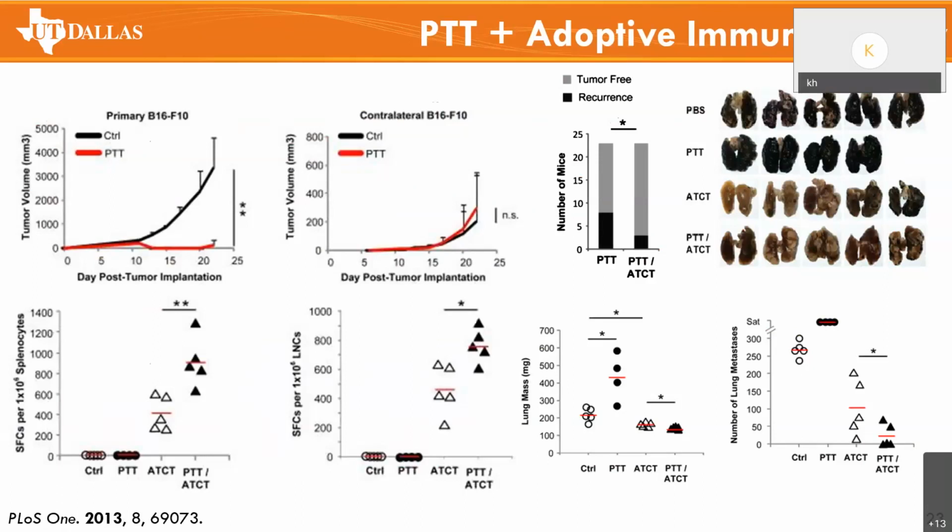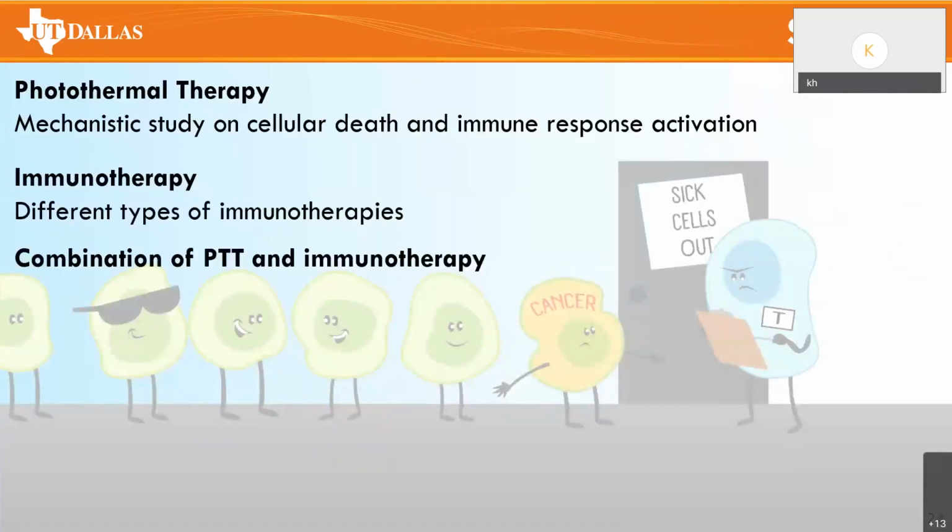And then they checked the lung metastasis, and same as before, you can see that it was effective. The number of lung metastases was less for this dual therapy compared to each therapy alone, and lung mass was the same.